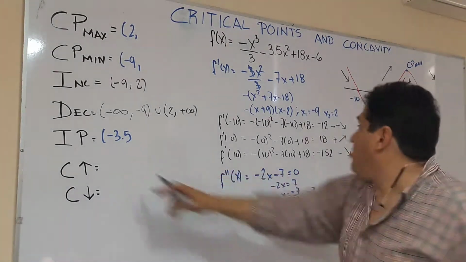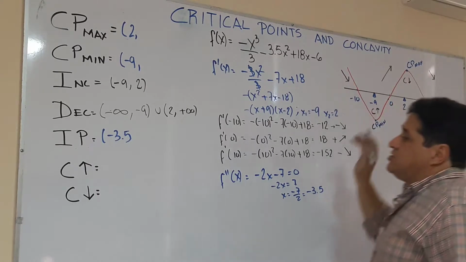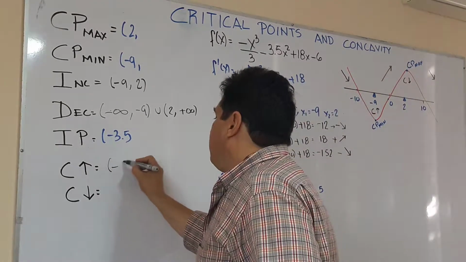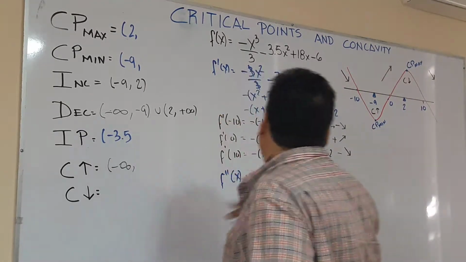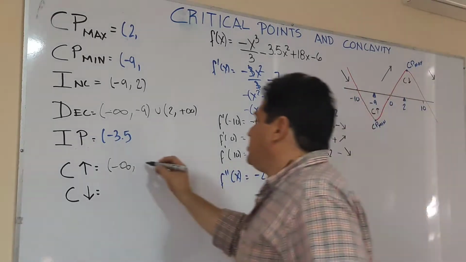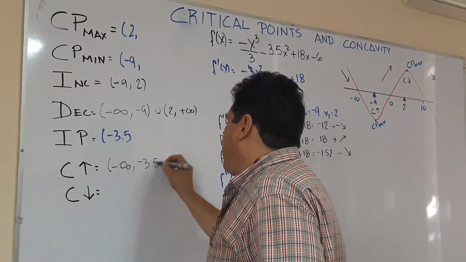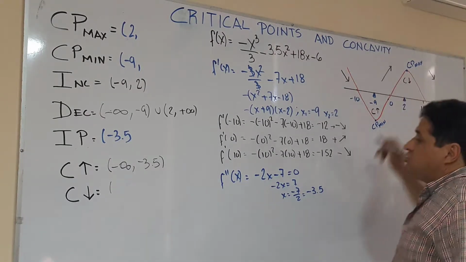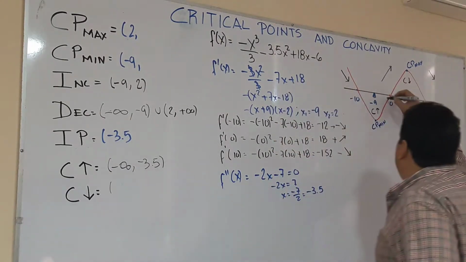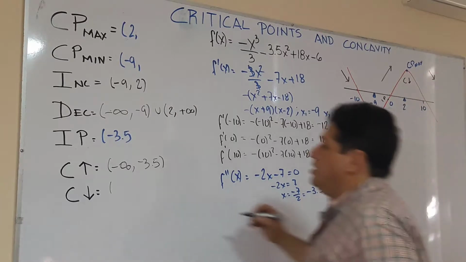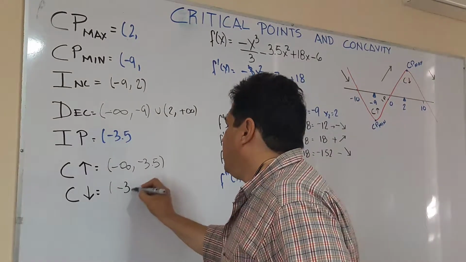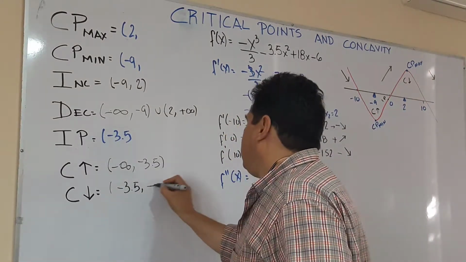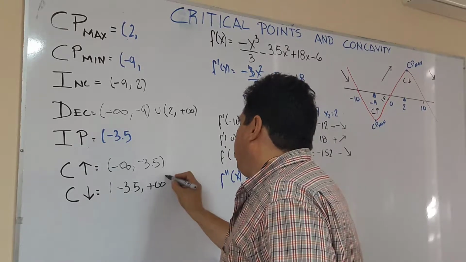So concave up will be that one. So it's going to go from minus infinite all the way to my inflection point, which is minus 3.5. And concave down, which is going to be this one, is going to go from my inflection point, that's minus 3.5, all the way to positive infinite.